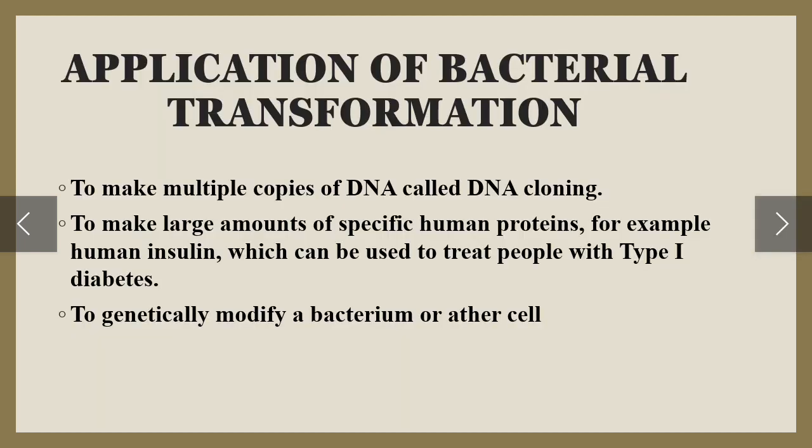Applications of bacterial transformation: to make multiple copies of DNA and for DNA cloning, to make large amounts of specific human proteins, for example human insulin, which can be used to treat type 1 diabetes, and to genetically modify a bacterium or another cell.